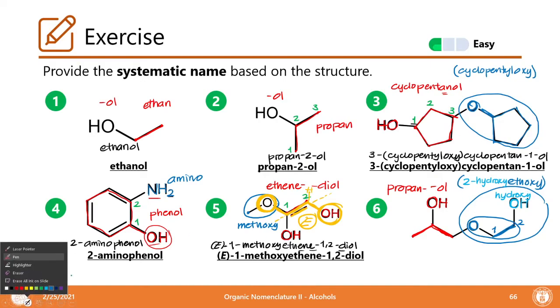Okay, now when we assemble the name, we have to do numbering first. We set number 1 here because this has a substituent, and then number 2 closest to the parent functional group, and number 3 here.